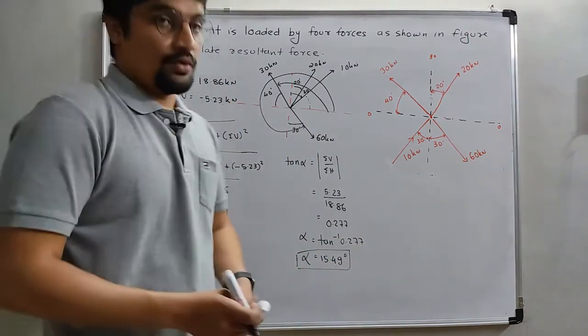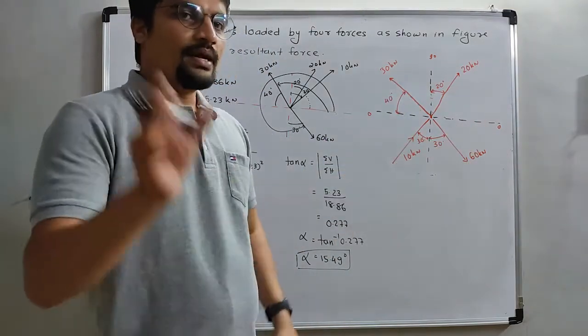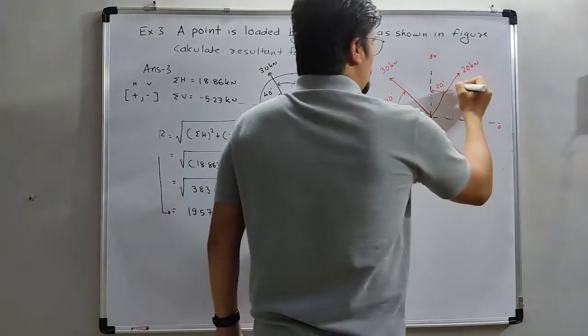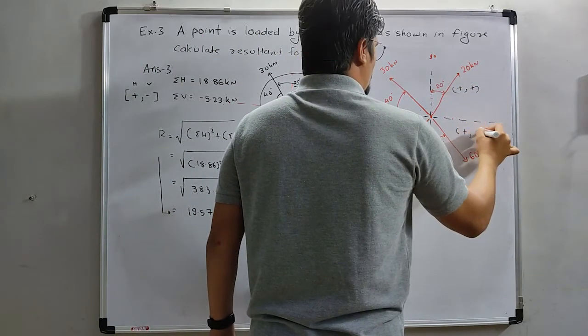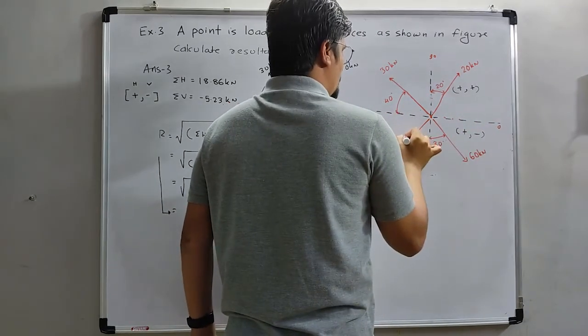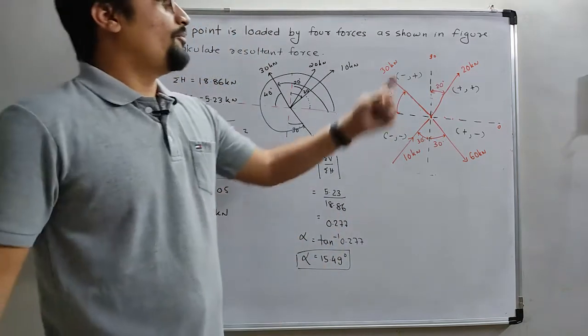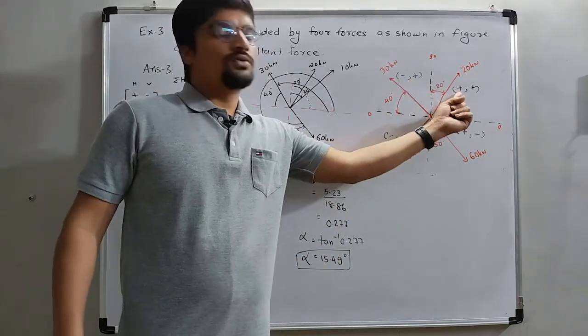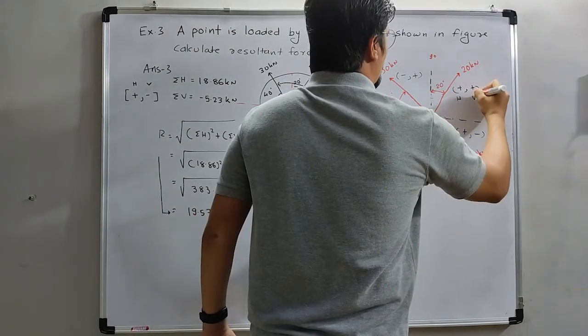Now there are 4 quadrants, 1, 2, 3 and 4. I will explain using signs. This is plus plus, this is plus minus, this is minus minus, and this is minus plus. The first value shows the horizontal force and the second one shows the vertical one.